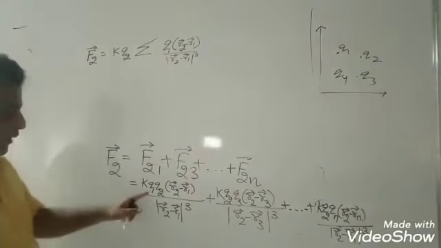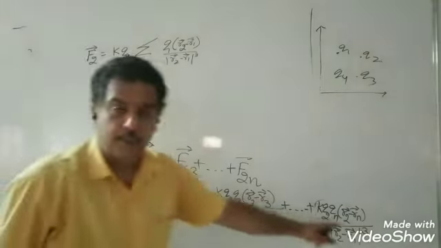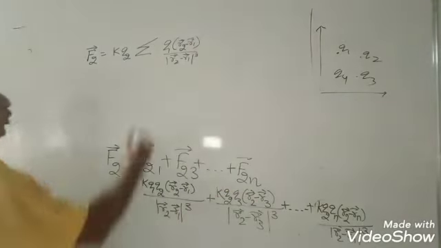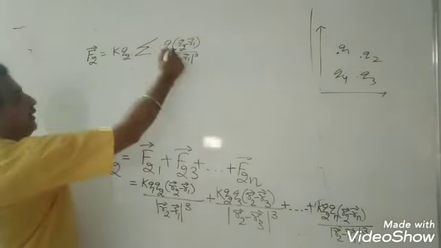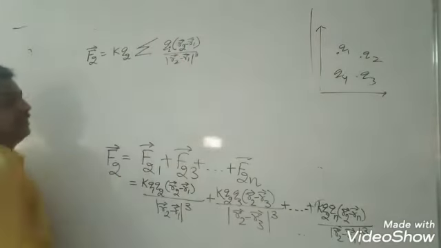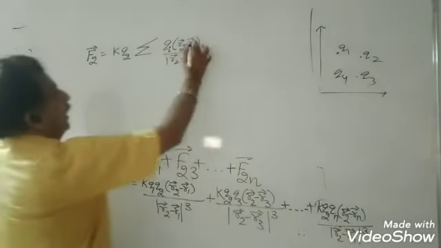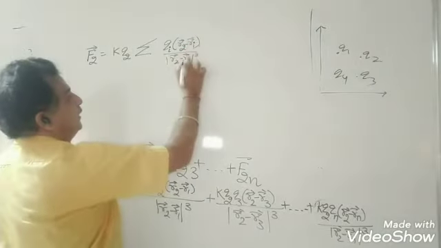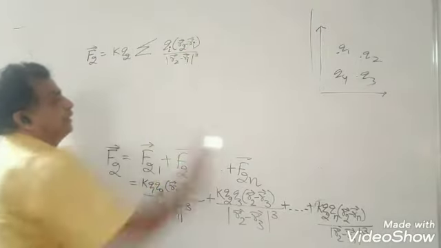What are the variables? Q1, Q3, dash dash dash Qn. So summation sign and instead of this I write I, Qi, R2 minus Ri, and |R2 minus Ri| cubed.